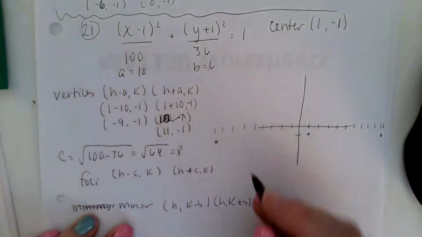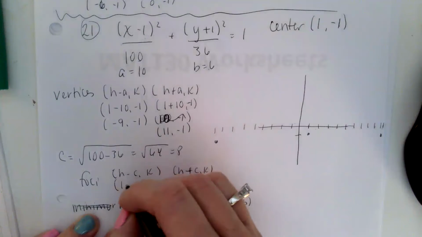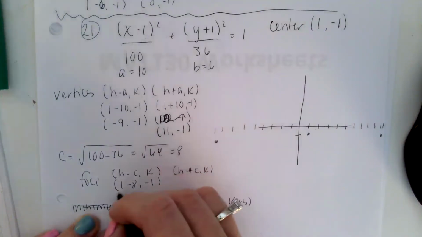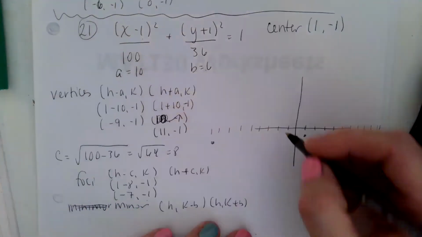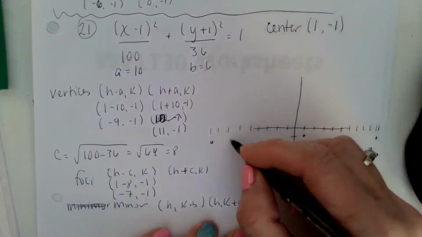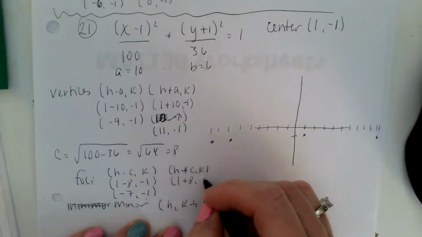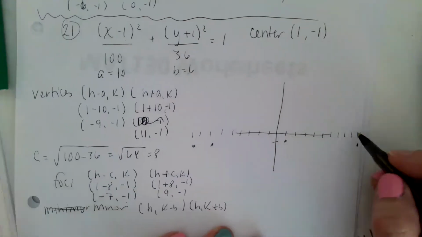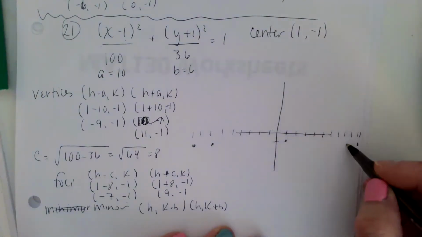So our foci are going to be at h minus c, so 1 minus 8, comma k, which is negative 1. So one's going to be at negative 7 and negative 1. 1, 2, 3, 4, 5, 6, 7 right here. And the other one is going to be at h plus c, comma k, so at 9 and negative 1. So that's going to be at 1, 2, 3, 4, 5, 6, right here.